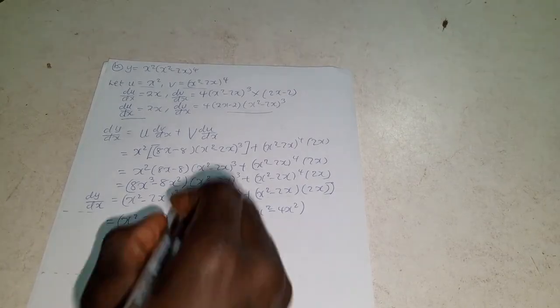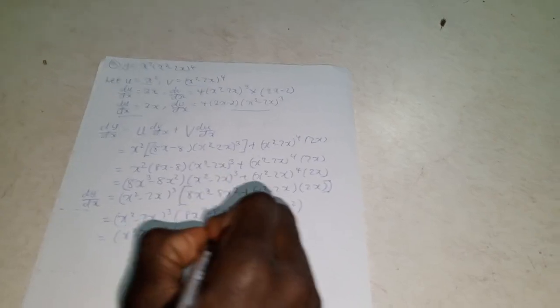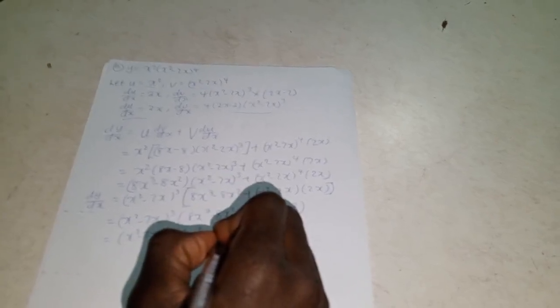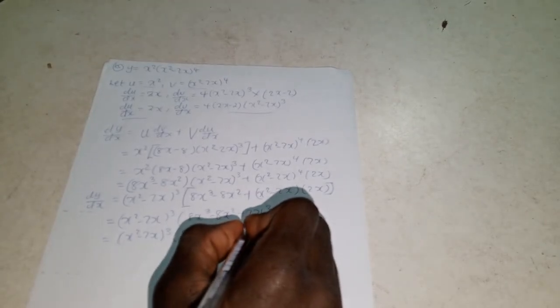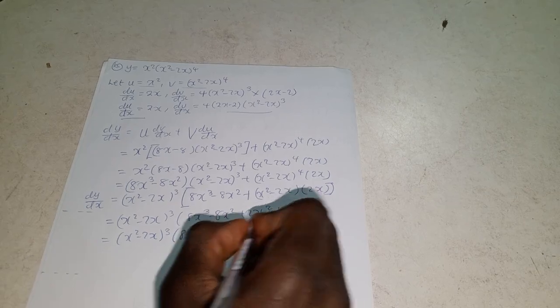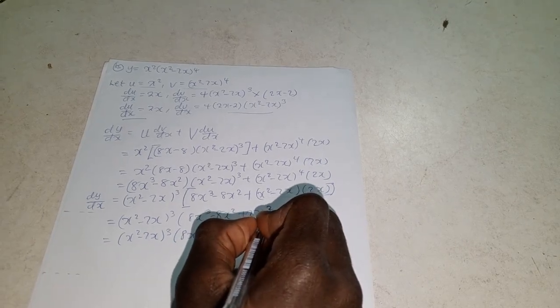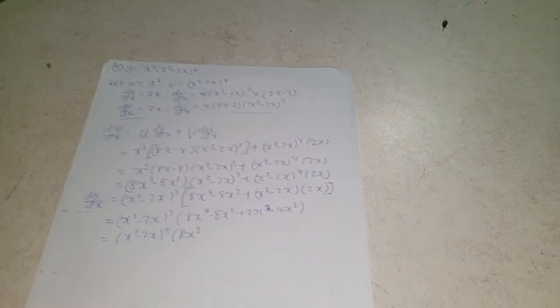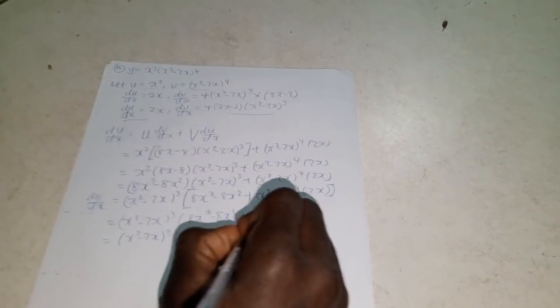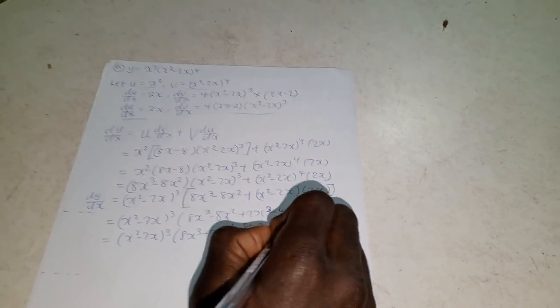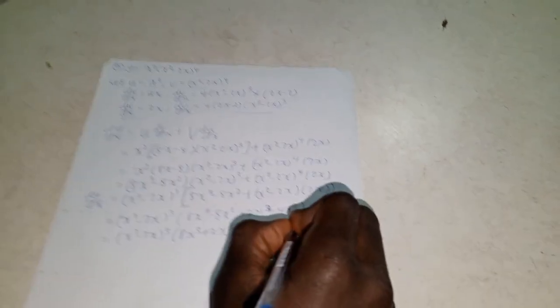So it's going to become x squared minus 2x raised to the power 3 multiplied by 8x cubed. Here there's supposed to be plus 2x cubed. I said cubed, but I didn't write cubed. This is supposed to be cubed. So we're going to say plus 2x cubed minus 8x squared minus 4x squared.